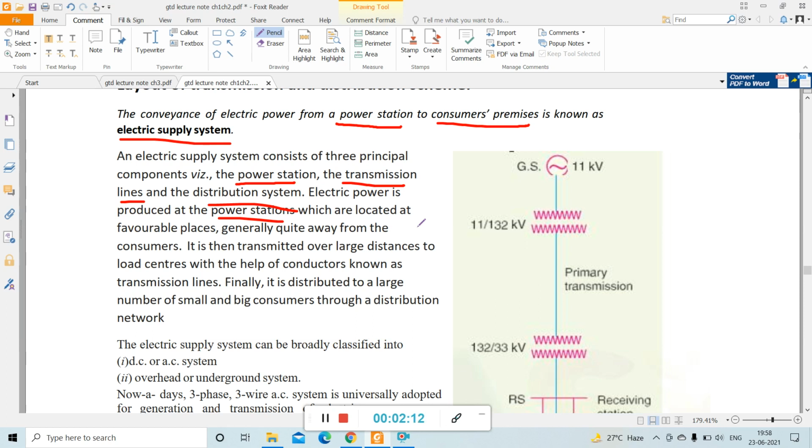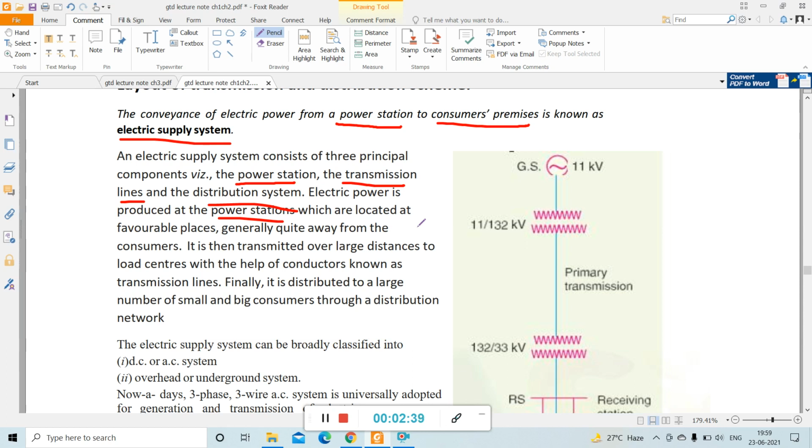Obviously the power station cannot be set up inside the city. A hydro station requires a particular specific space or area. The thermal station is the same, and the nuclear station is also the same. So mostly these power stations are away from the consumer premises and away from the city.